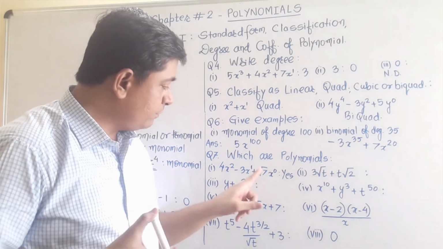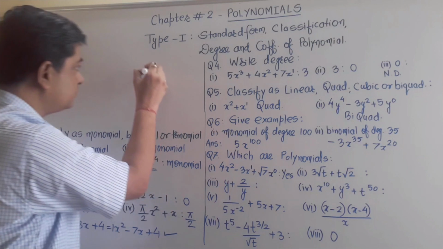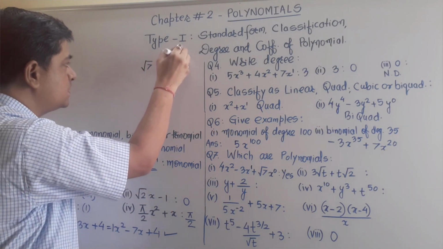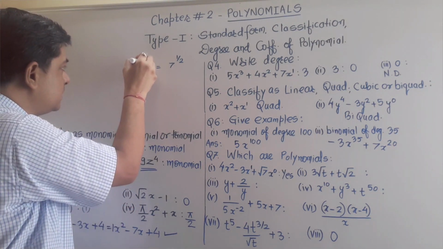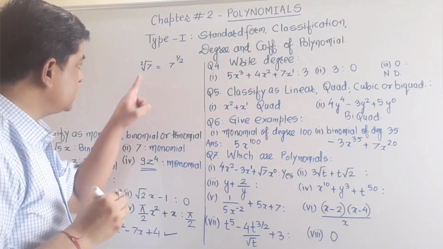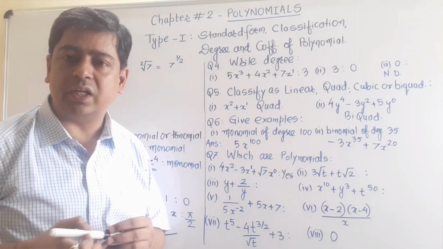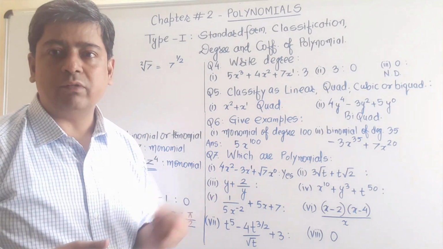So root of 7, remember, I can write down as 7 to the power 1 by 2. Why? Because here if nothing is given I will assume 2, and if I convert root of 7 in the form of exponential, it will become power 1 by 2. The 2 will become reciprocal. That we have learnt in chapter number 1.